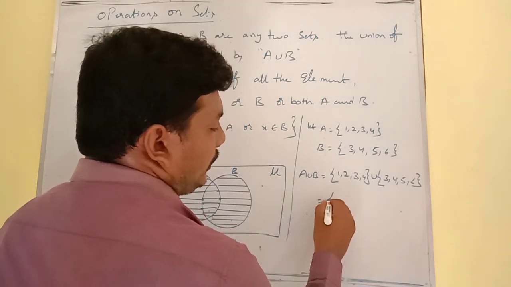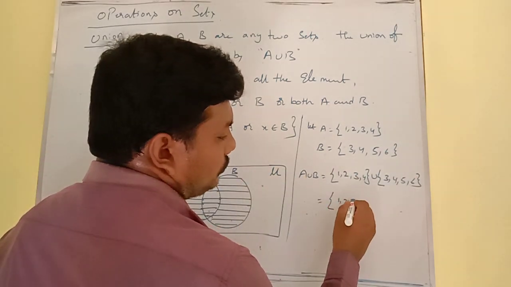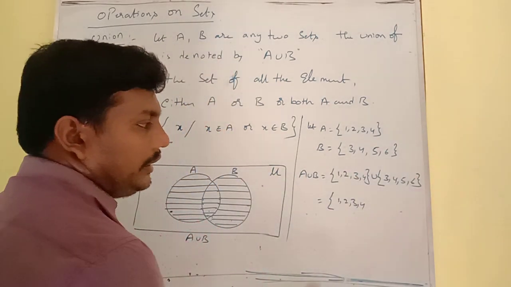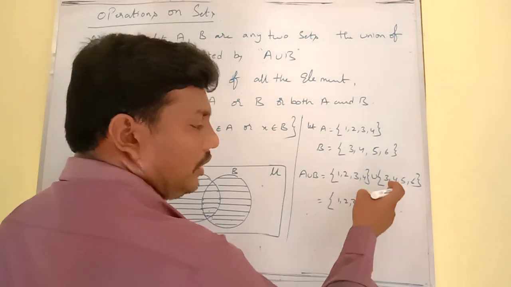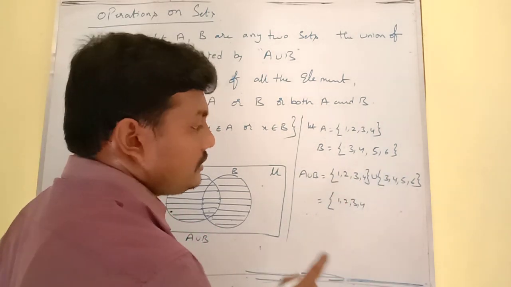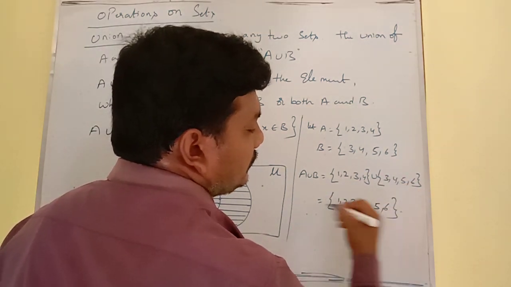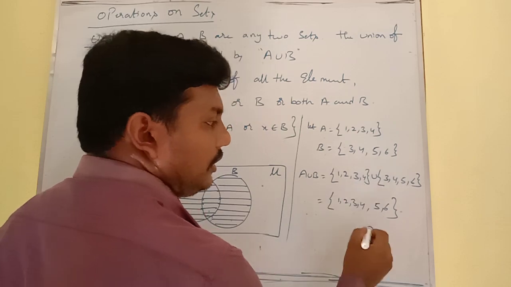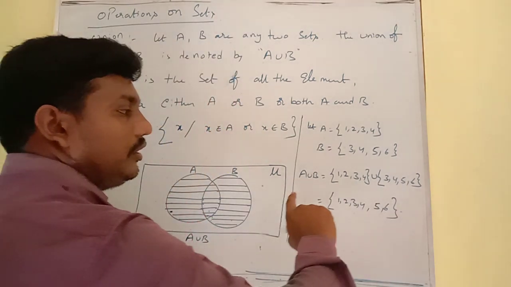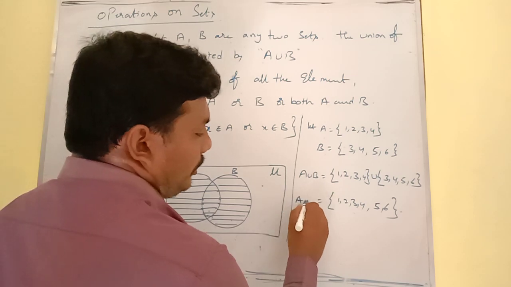Now this can be written as the A elements 1, 2, 3, 4, then the common elements 3, 4, which we already considered. Common elements are considered only once. Then the remaining elements will be 5 and 6. Here A elements are there, B elements are there, and the common elements are there one time. That is called A union B.